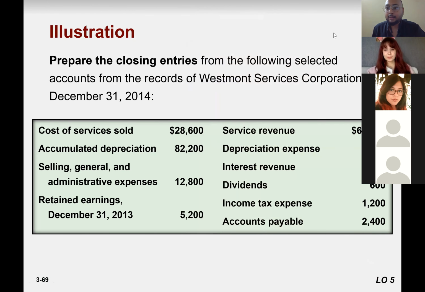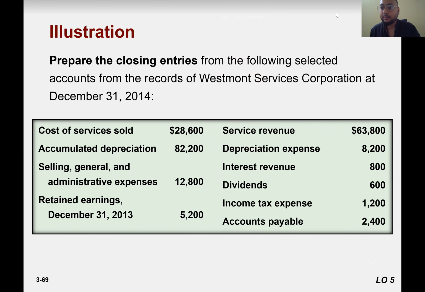Okay. Now I think it's time for you to have a breakout room activity. All you need to do is prepare the closing entries, right? So maybe it will further clarify your concept. I'm making the breakout room activity. Meanwhile, please take a picture. Remember, closing entries are for revenue, expenses, and dividend, nothing else.